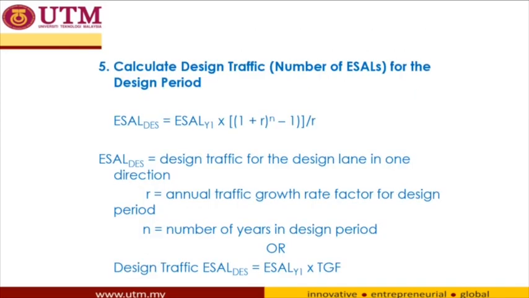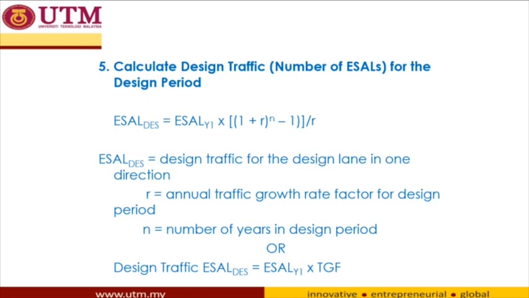Okay, next we have the calculation of the total number of axles for the design period. As you can see from the slide, we have the equation of ESAL design. So using the total ESAL in year 1, we can predict the total for whether it's 10 years or 20 years selected for the design period.